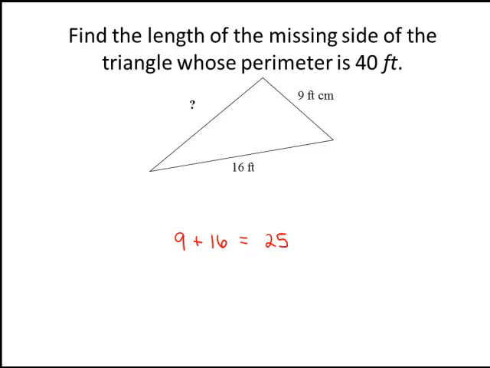Two sides together add up to 25 feet. If we subtract off the length of these two sides from the total perimeter, we'll have the length of the third side. 40 minus 25 is 15. So the length of the missing side is 15 feet.